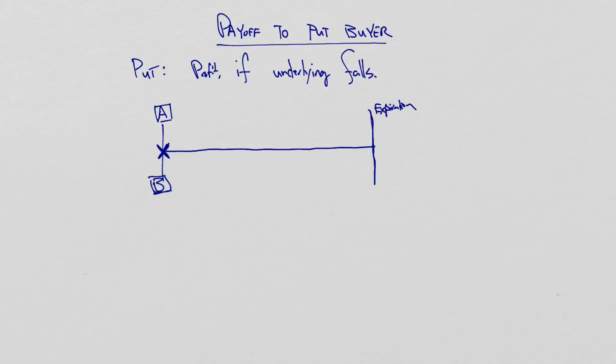But what B is actually doing here, B is locking in not the right to buy with a put, but B locks in the right to sell. They strike a deal about the value of X. It's just that this time X, the strike price, is the price at which B gets the right to sell the underlying asset at the time of expiration.